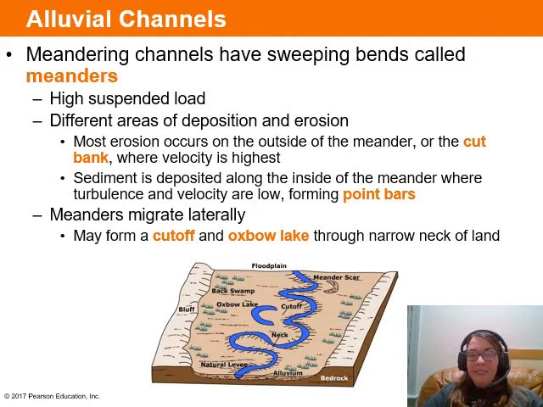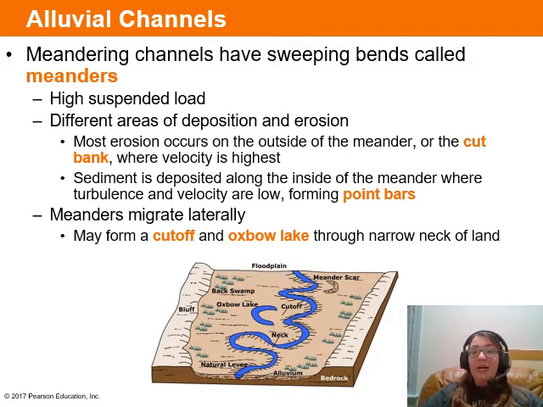But on the inside of our meander, because the water is not hitting it, instead we're going to see a lot of deposition occurring. That means that the water is slowly going to start depositing the sediment that it's been carrying. So it doesn't matter which meander we look at. All meanders are going to have two sides. The outside part of our meander, we're going to see a lot of erosion.